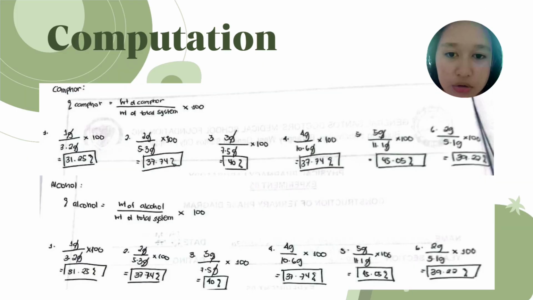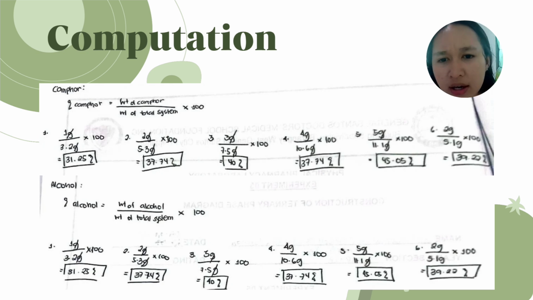We computed it using the formula for camphor, which is percent of camphor is equal to weight of the camphor divided by weight of the total system, and then times 100.